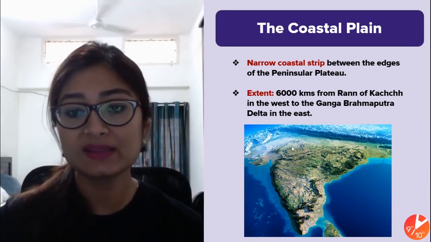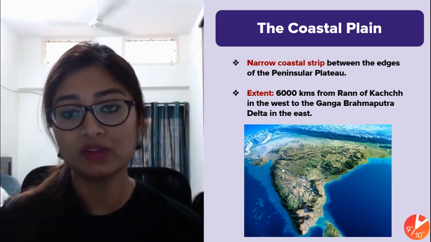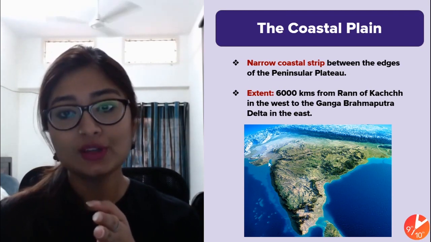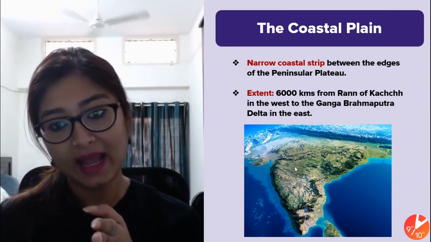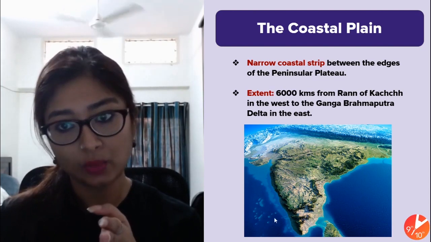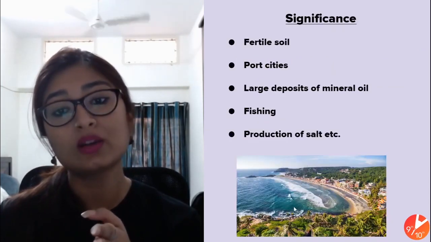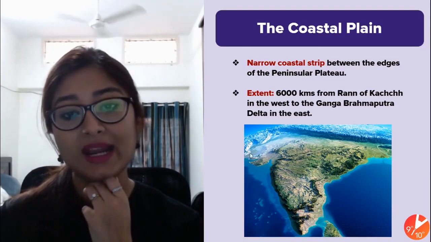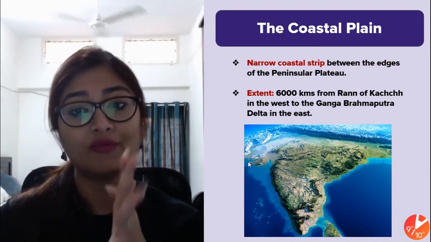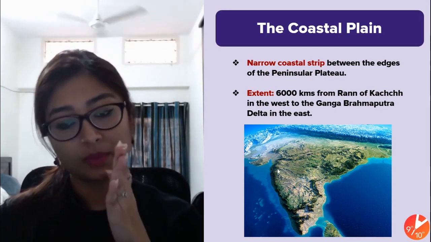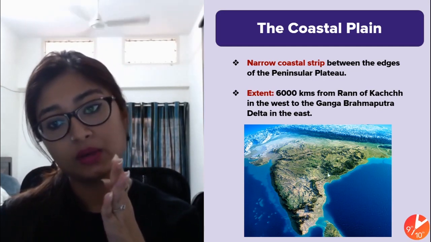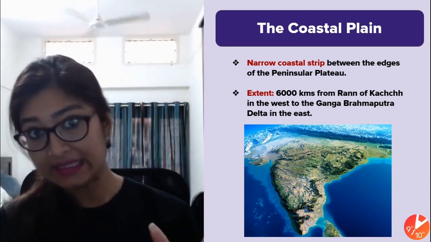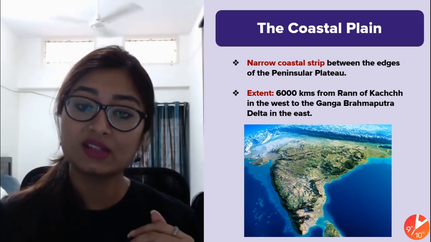As I told you, this part is the plateau, which means the edges are left and this is where the water bodies are. So this narrow strip between the plateau in the center and the water bodies here is known as the coastal region. Now this starts right from the Rann of Kutch in the west, and this entire part goes up till the Ganga Brahmaputra delta in the east, and that is why you can see it stretches right from here.